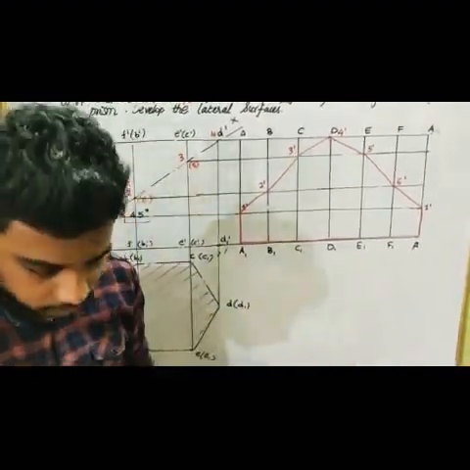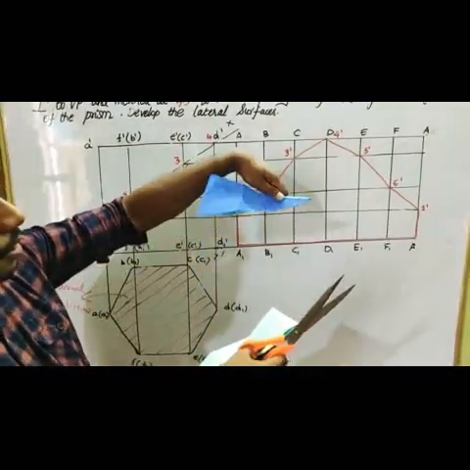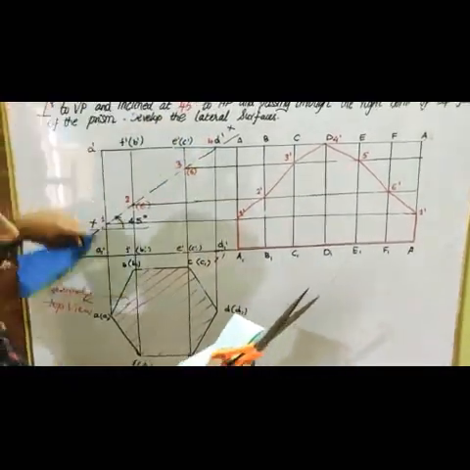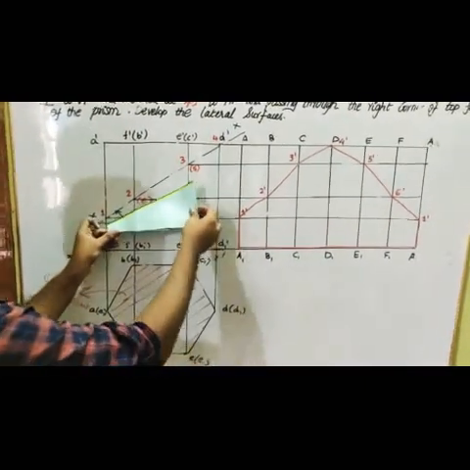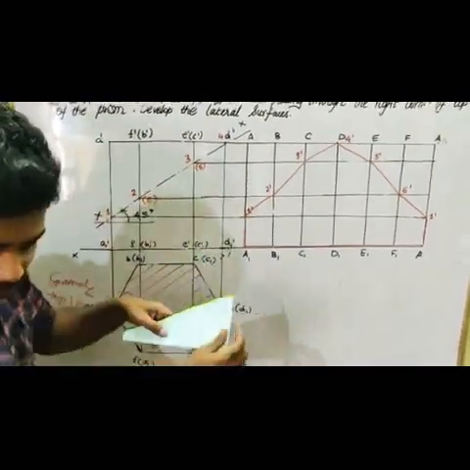So I just removed the top corner portion. I just removed this portion out. So what is remaining here? The remaining is this portion, right? So I am going to develop it.